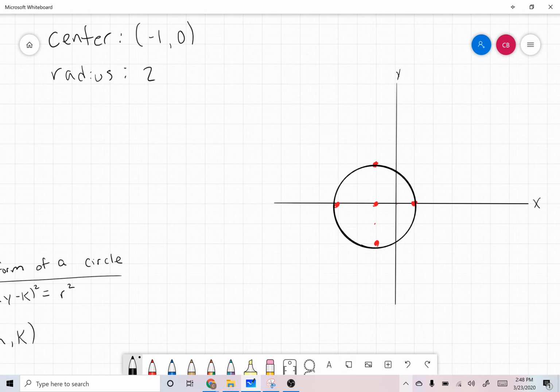We're just going to assume that all these points out here are 2 away from the center as well. They should be, if this is in fact a circle. Obviously, we're using software to make it more round, so it looks pretty good. And with that being said, we have our circle drawn.